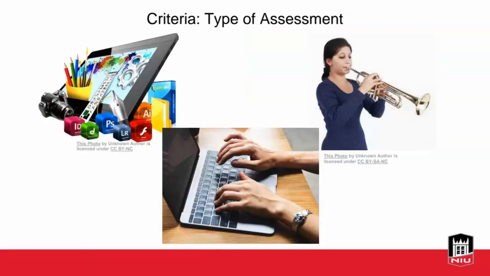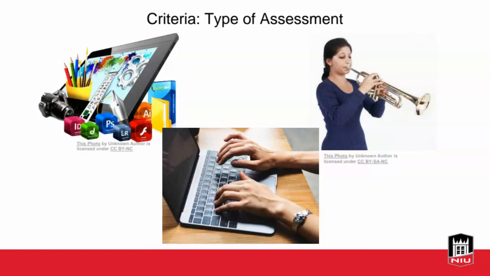So here are some ways that criteria may change based on the type of assessment being conducted. So if we've got a web presentation, we might be assessing for technical quality, for aesthetics or design, visuals, writing mechanics, whereas for a written or typed paper, we might be looking at the content, the organization, thesis statement, writing conventions for the genre.